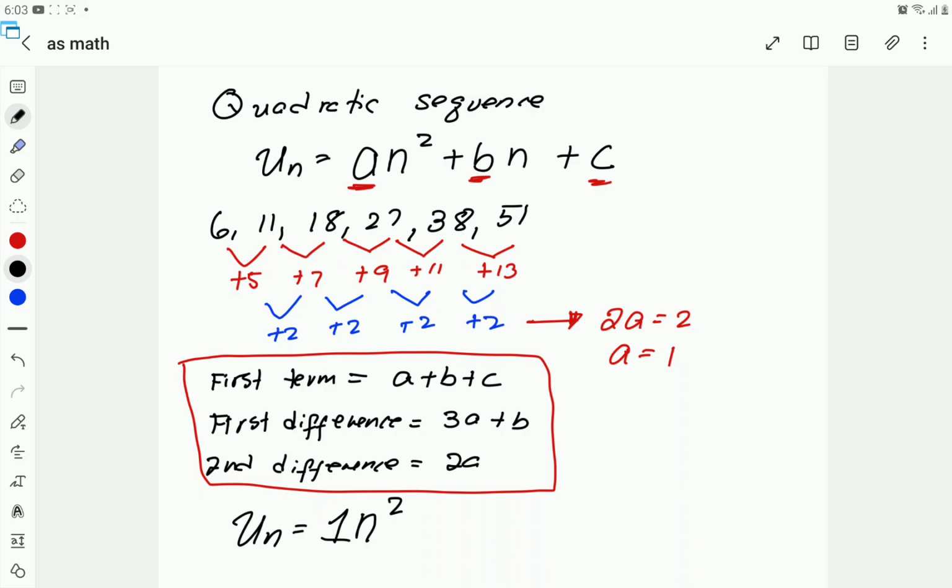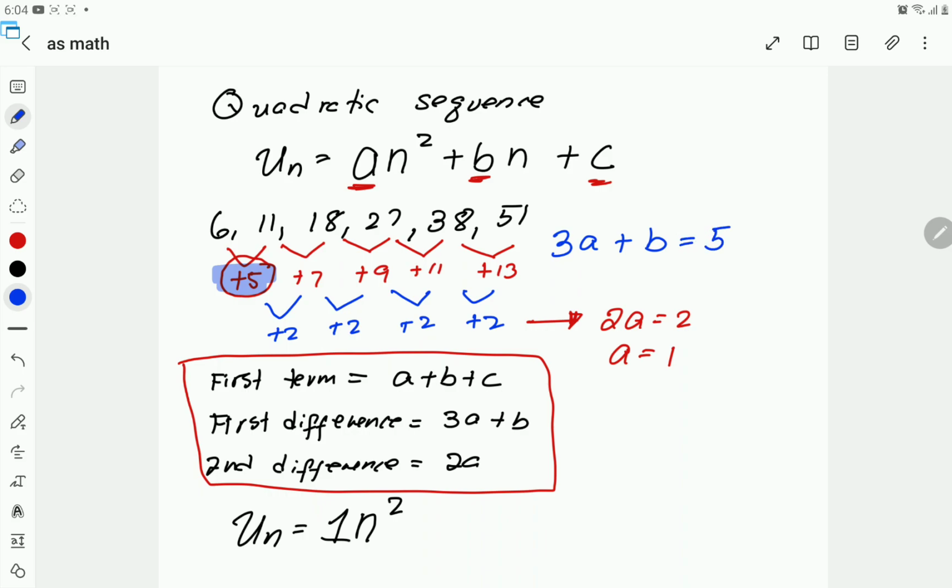Now let's try to find the b. The b says the first difference. That first difference is this 5. So 3a plus b is equal to 5.